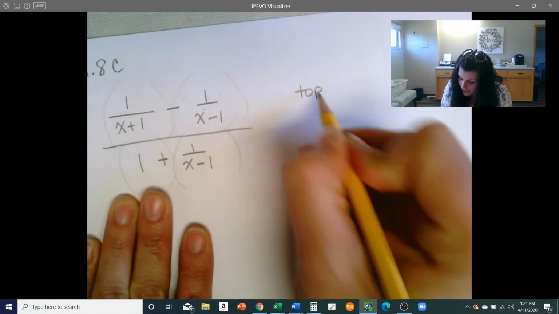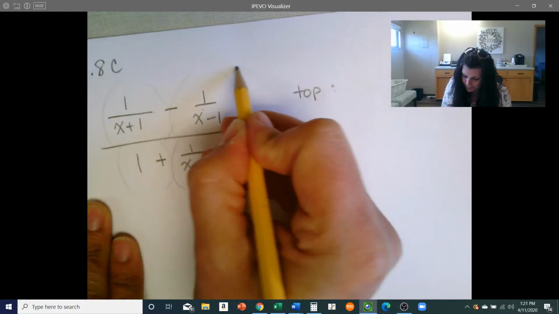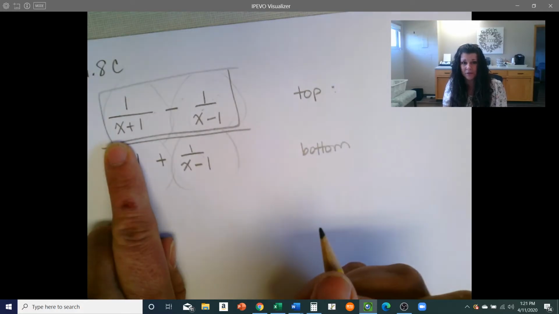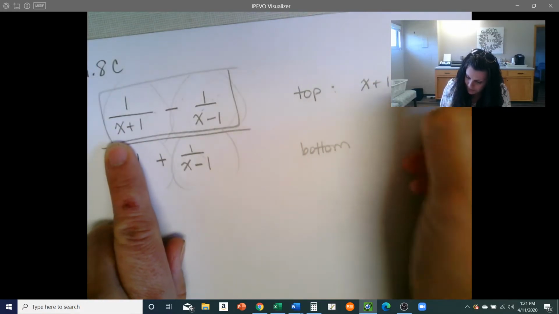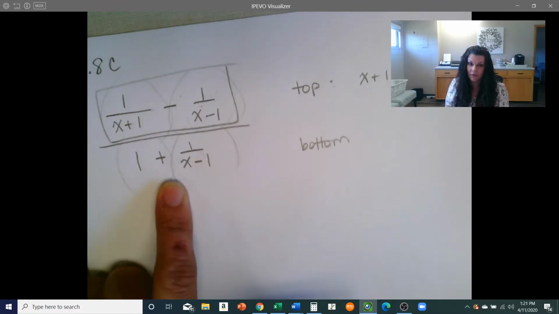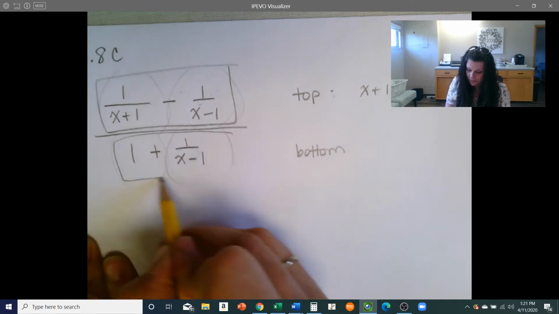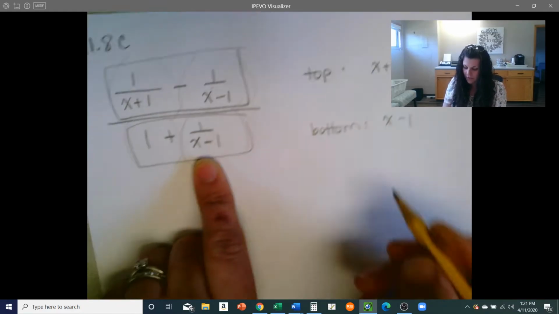Okay, so I am going to follow what I did before. I'm going to look at the top by itself and think, what denominators are there? I have x plus 1 and x minus 1. In the denominator, the bottom, this whole thing, what denominators are there? X minus 1.